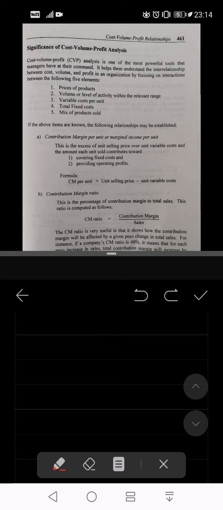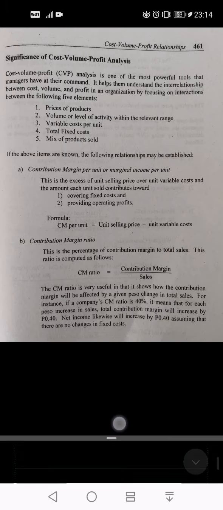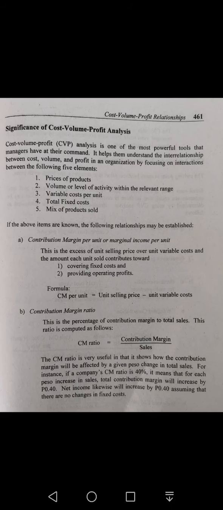Let's proceed to contribution margin ratio. This is the percentage of contribution margin to total sales. This ratio is computed as follows.